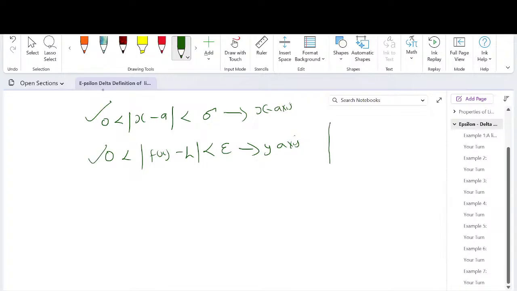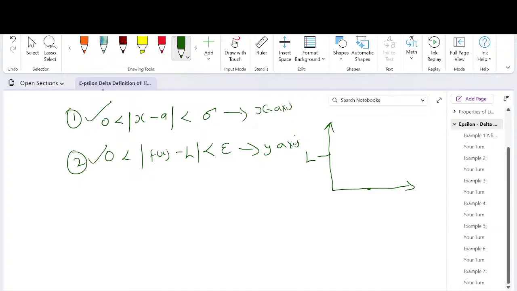So what this is saying is this. So we have the limit here. So what these two statements are saying, let me call this one 1, and this one 2.